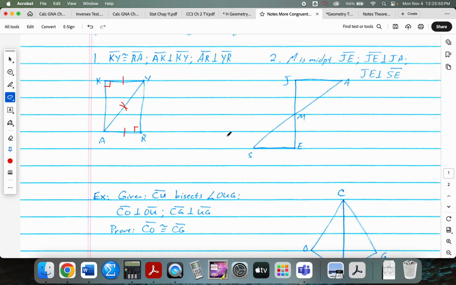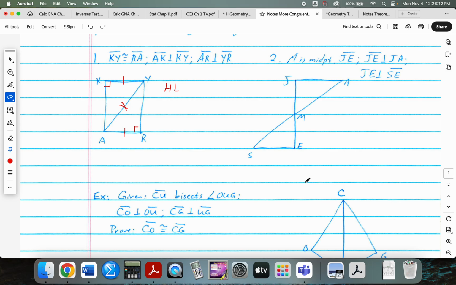So what method could I use to prove these two triangles congruent to one another? Hypotenuse leg, exactly right. It's a right triangle. That doesn't necessarily make it hypotenuse leg, but it's not angle side angle or angle angle side or any of the other ones. So it's going to be hypotenuse leg.